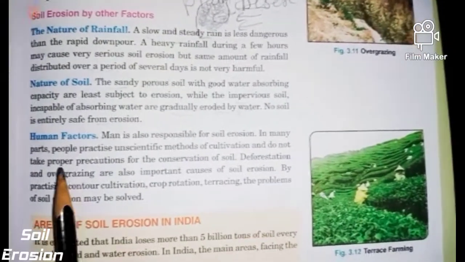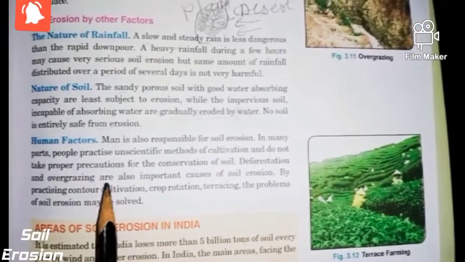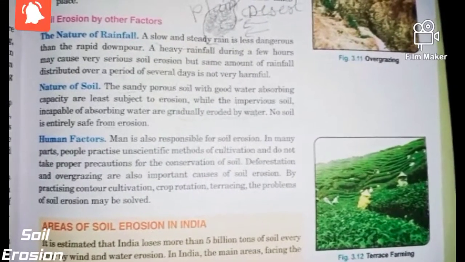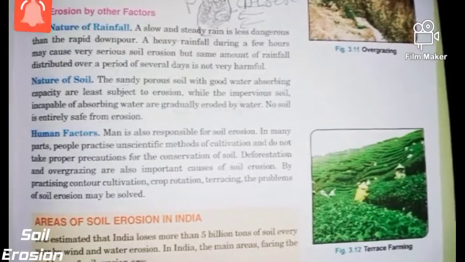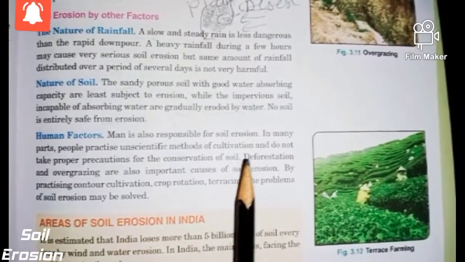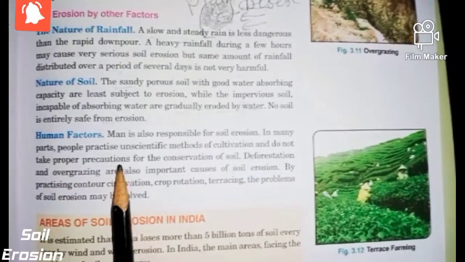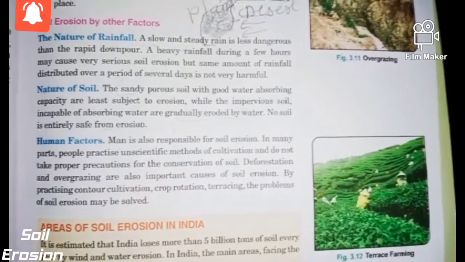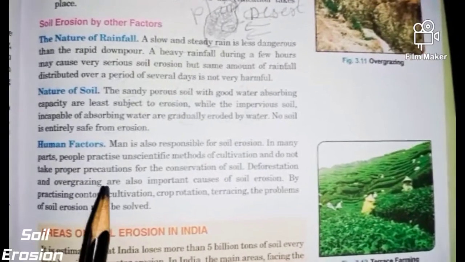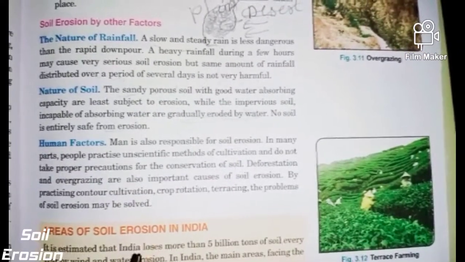And the next important factor is human factors. In the human factors we can see humans, directly or indirectly, knowingly or unknowingly, are also responsible for soil erosion. People practice unscientific methods of cultivation and do not take proper precautions for the conservation of soil.